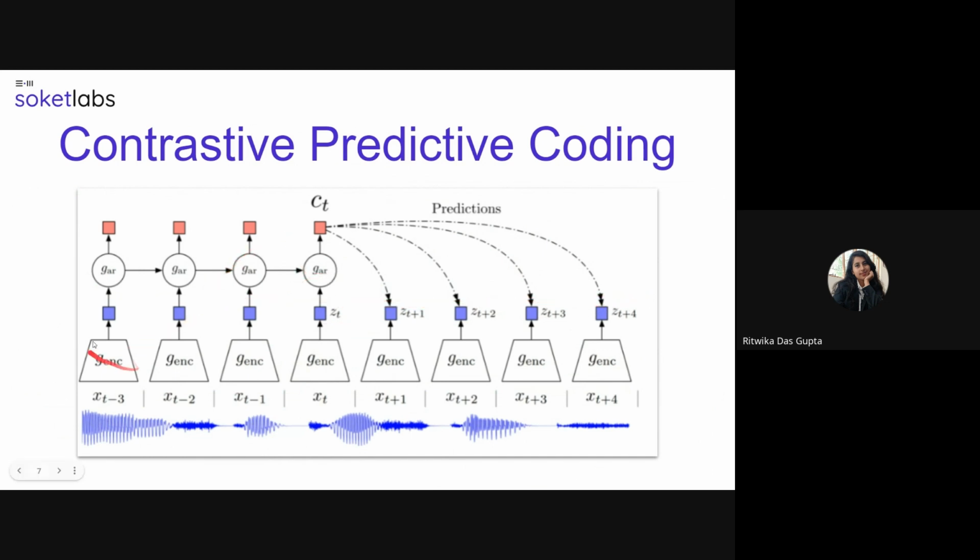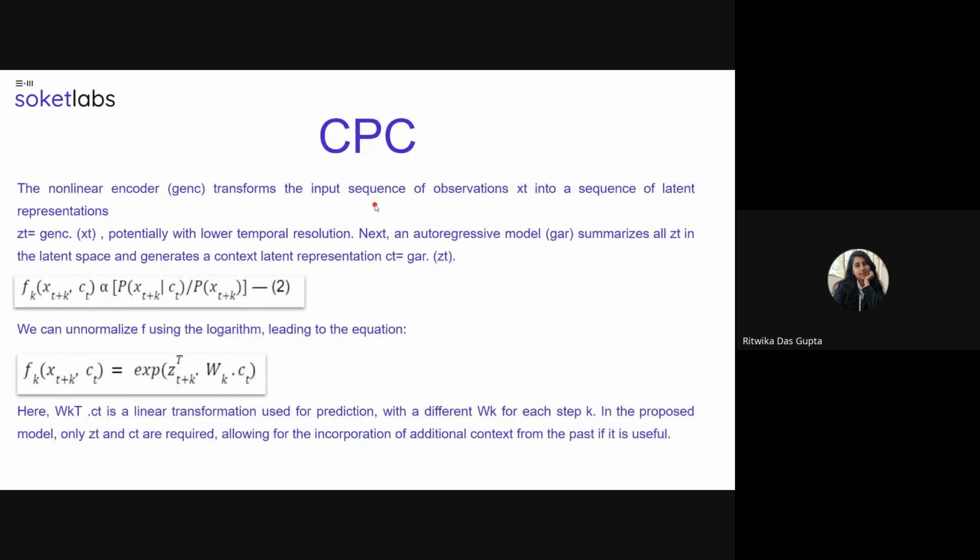And finally, for time less than t, that is again converted into a latent representation using the autoregressive model, as I discussed before. So all of these latent representations help in the next prediction.